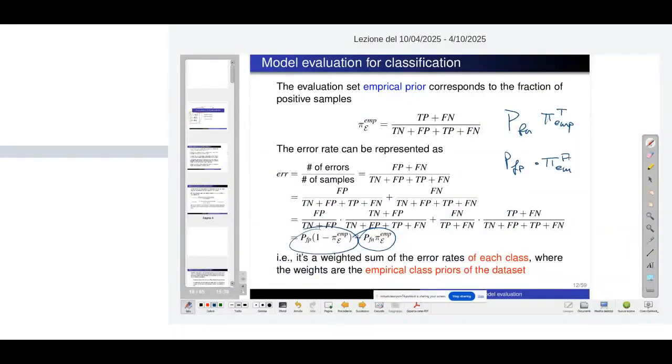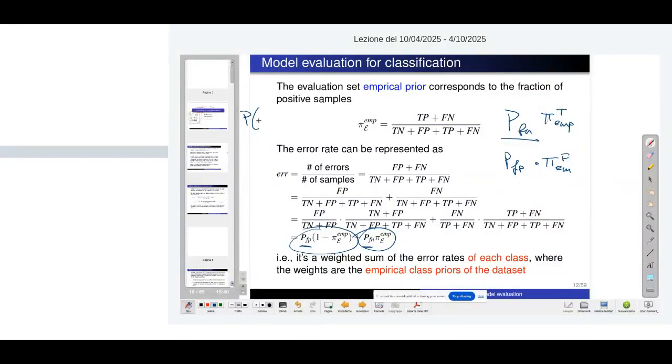The prior for the false class in a binary problem is 1 minus the prior of the true class. So we can see that it's a weighted sum of the error rates of each class, where the weight is exactly the empirical prior. How can I read it? Well, in, again, a frequentist approach, what is the probability of false negative?